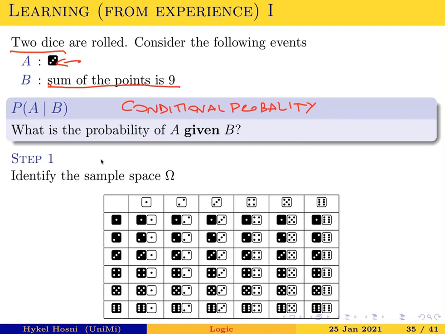So how do you do this? Well, first of all, you have to remind yourself of the space of possible outcomes of this experiment, which is just the table you saw before. Now you have to represent your knowledge, and your knowledge is that the sum of the points is 9. Somebody comes in and says B. That's the idea of conditional probability.